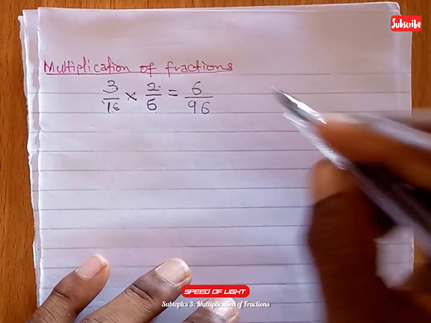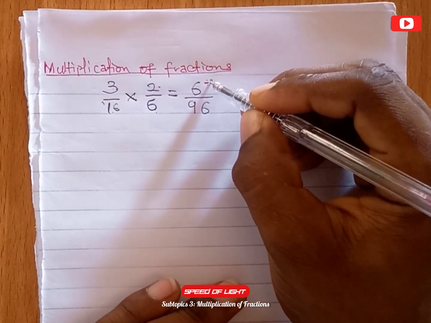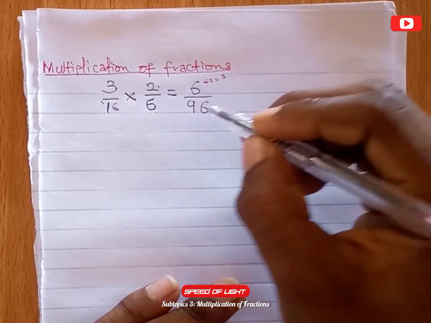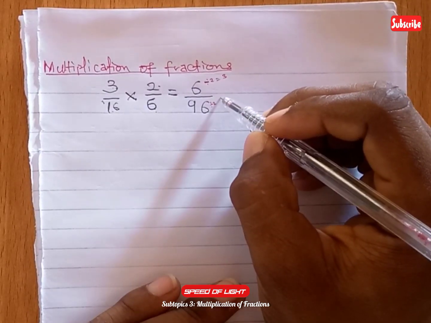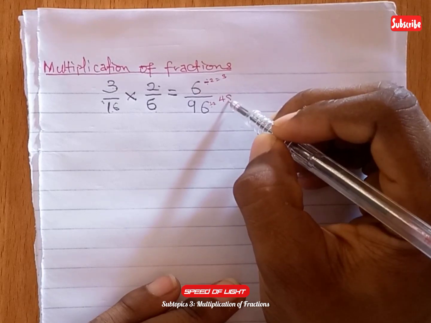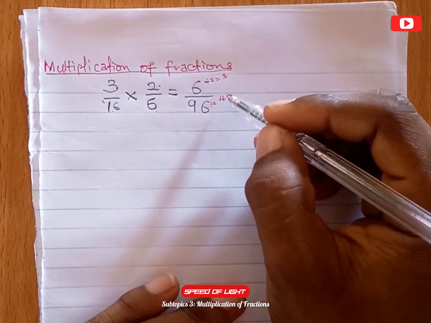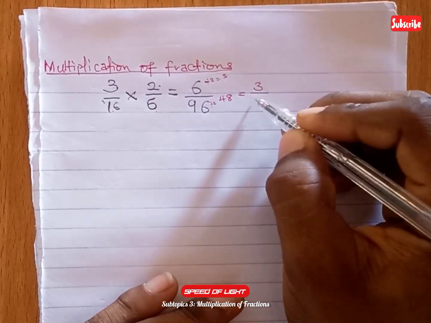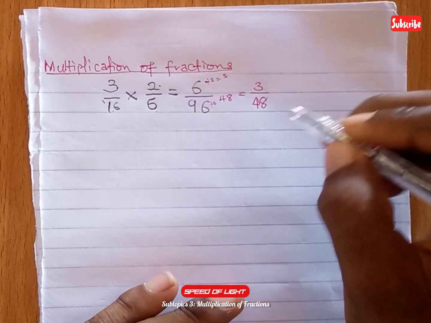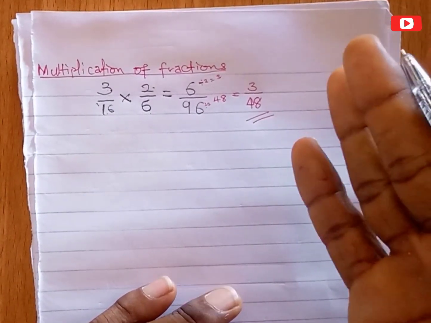You see that? So we have 6/96. So we divide by 2 to give us 3, and again by 2 to give us 48. We still have 3 and 48. So our final answer would now be 3/48. This becomes the final answer because nothing can divide it.